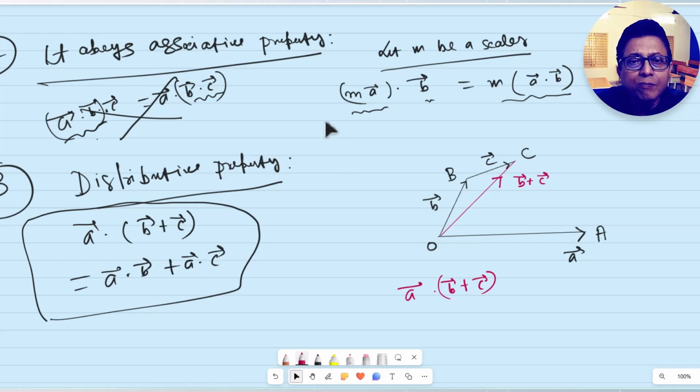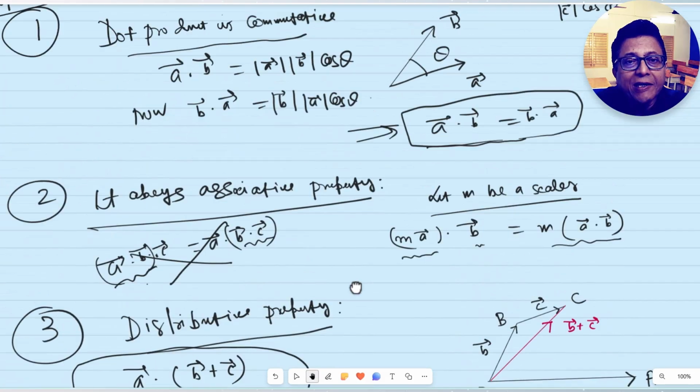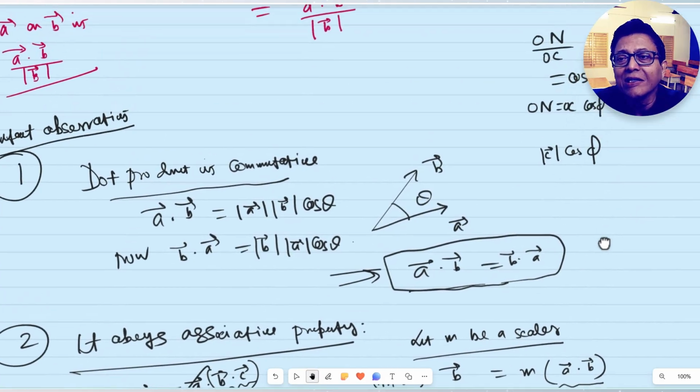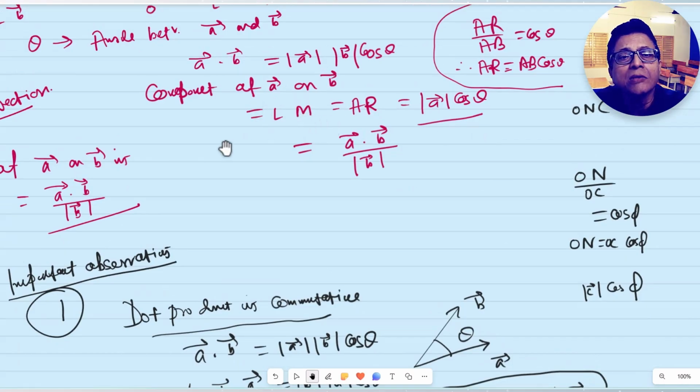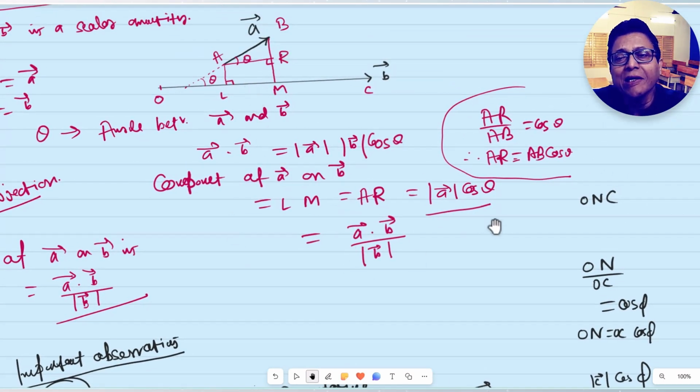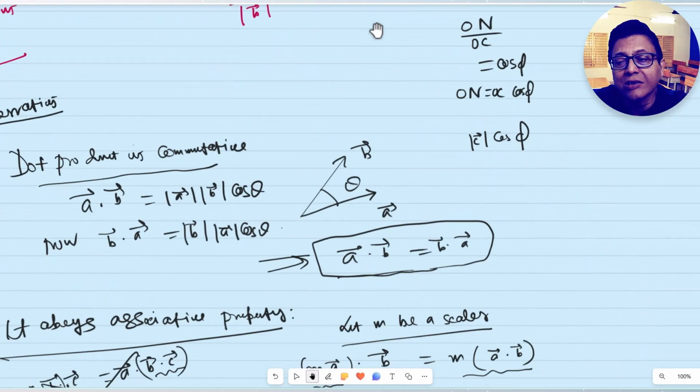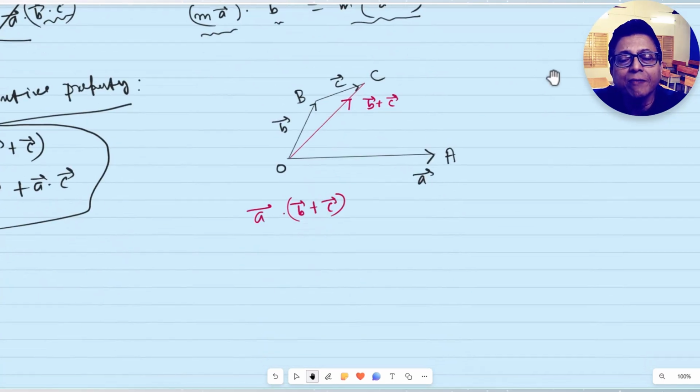Just as we have done, projection of the vector A on B is A dot B by mod B. Component also we have done. Component of A on B is mod A cos theta, where theta is the angle between them. I did not write theta here. I can write it.